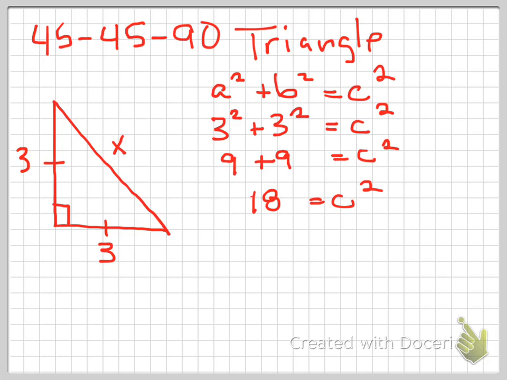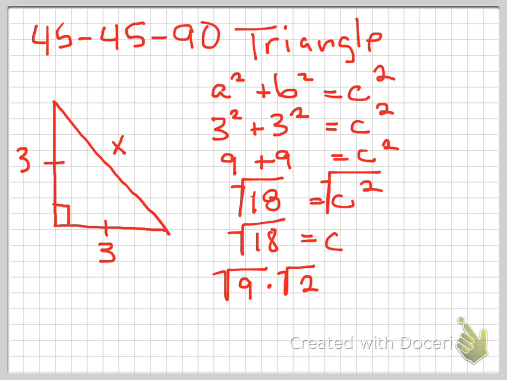To solve for c, we take the square root of both sides. So c is equal to the square root of 18, which is the same thing as the square root of 9 times the square root of 2. And we know that the square root of 9 is 3. So this is equal to 3 times the square root of 2.